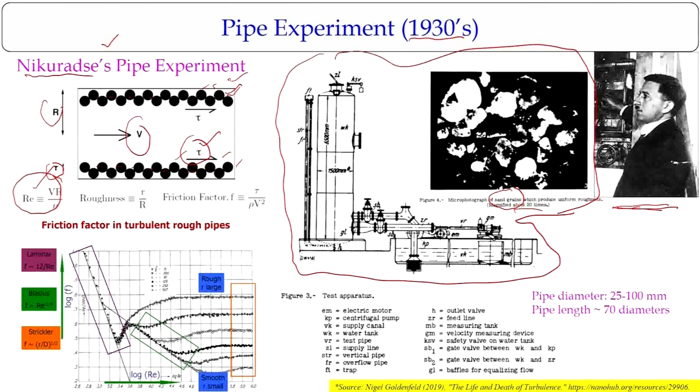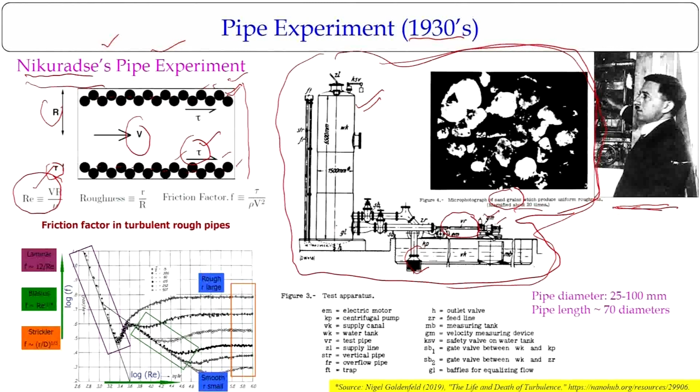Those were the basic questions before starting the experiment, using Nikuradse's experimental setup, which is a very basic setup. It has a big water tank connected with a pump and a test section, which measures the velocities and so on.